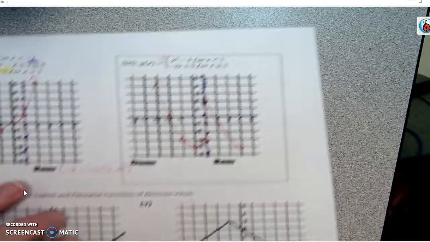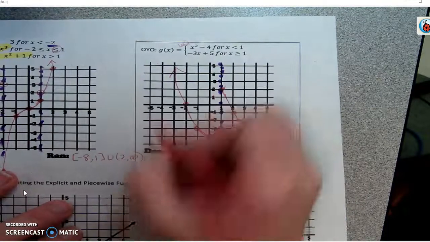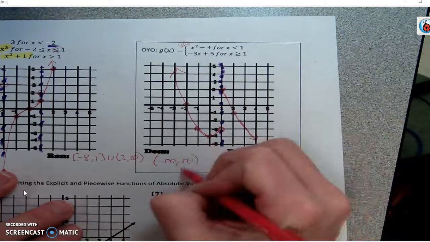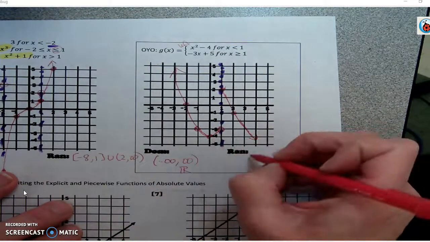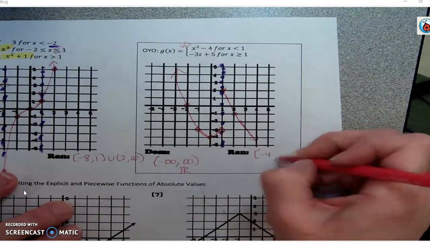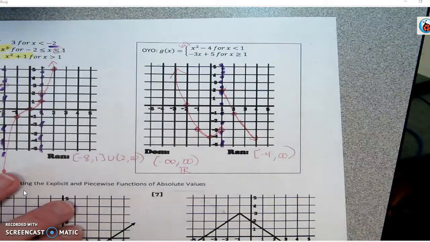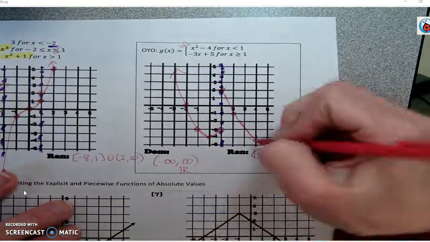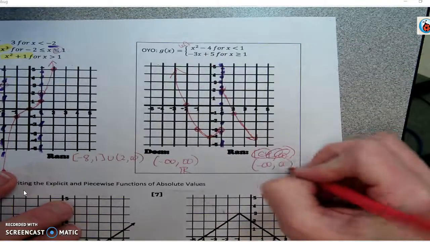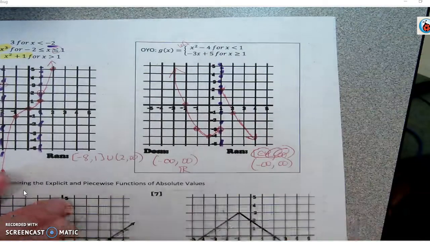All right, your domain is -infinity, goes to the left forever and to the right forever, or you can say all real numbers. Range, it starts at -4 and goes to infinity. Oh, I'm sorry. It goes to the bottom forever, and then it goes to the top forever, and it doesn't have any gaps for the y values.